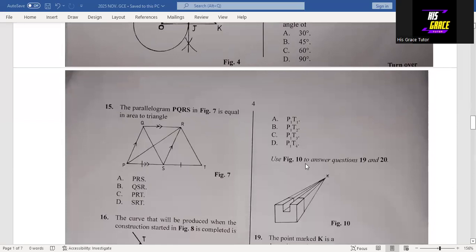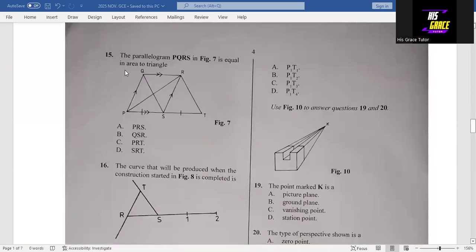All right. Question 15 says that the parallelogram PQRS in figure 7 is equal in area to triangle. This question is not correct in the sense that when a triangle is on the same base with a parallelogram, the area of that triangle is half the area of the parallelogram. Let me say it again.